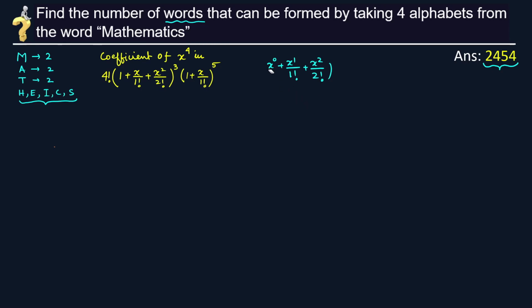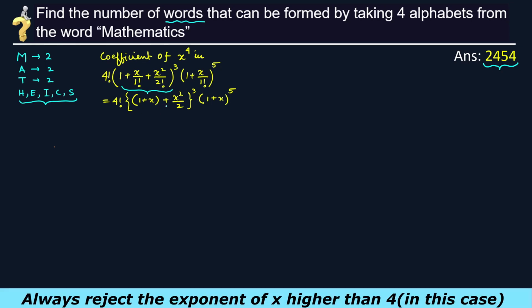Okay, let me just erase this. So now you see how I've done it. I am now breaking this one. I have taken 1 plus x squared by 2 whole cube. So now I am going to expand this by using the formula a plus b whole cube.